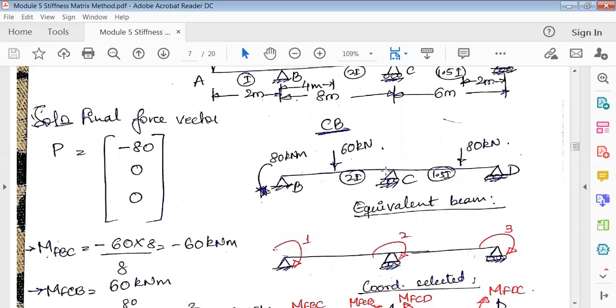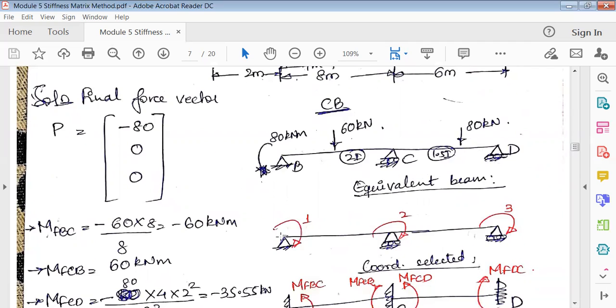So 3 into J, that is 3 into 3, 9, minus R, reactions. Reactions are 1, 2, 3, and 4. Reaction is 4. R plus M. M is 2. So reaction is 4, members are 2, that is 4 plus 2 is 6. And this is 9. So 9 minus 6 is 3.